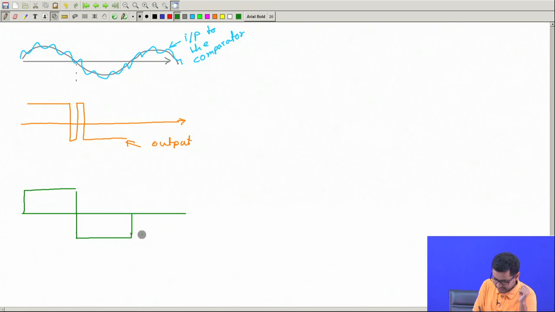Okay, so this is the desired or wanted output, but this is the actual output. What is wrong with this? What is wrong is that we have an extra negative edge. One negative edge, another negative edge. So observe that we have two falling edges.